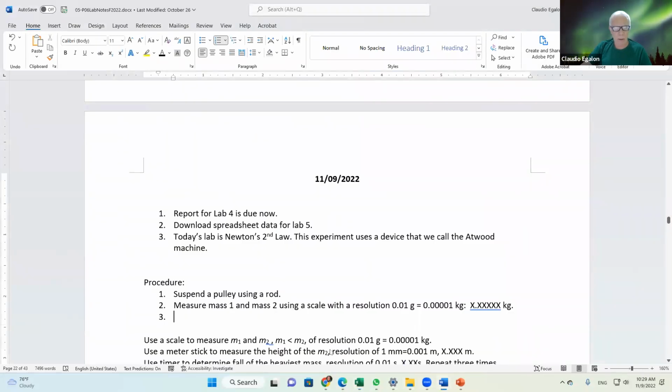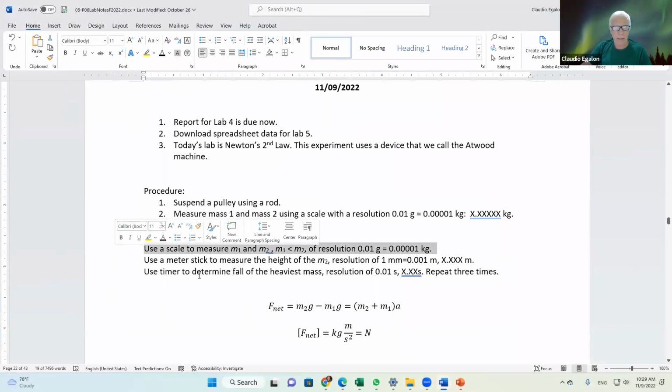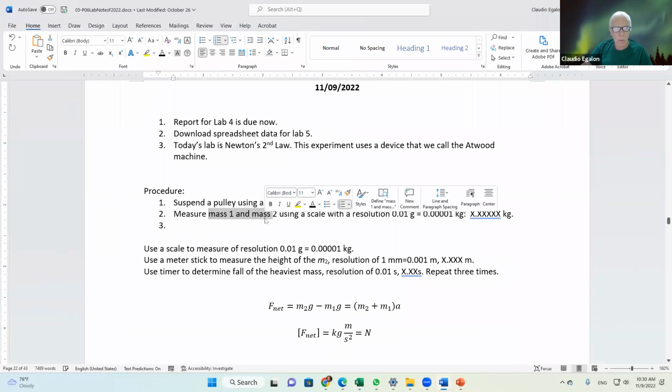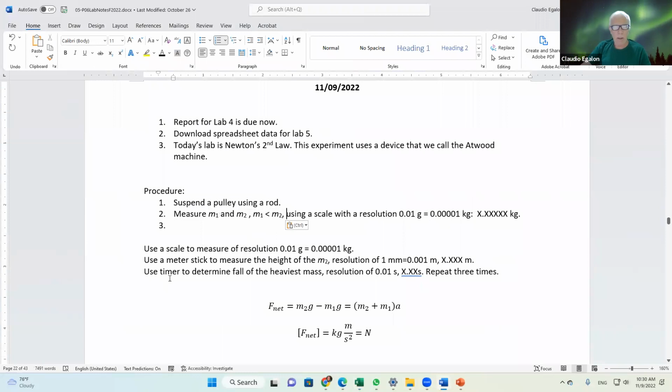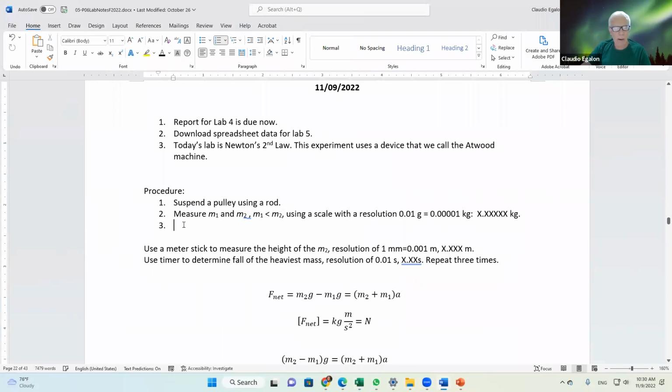So here you go, measure mass 1 and 2. So we do not need that. Measure M1 and M2 using a scale. M2 is greater than M1. We don't need that anymore.